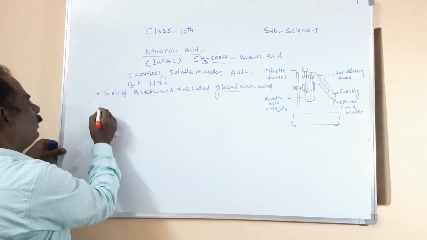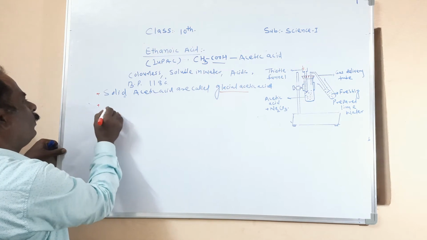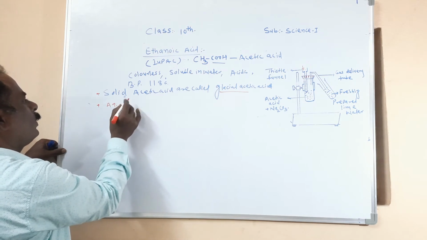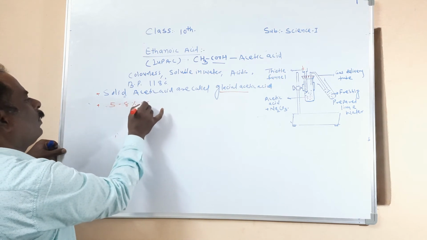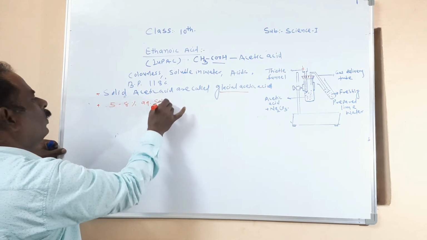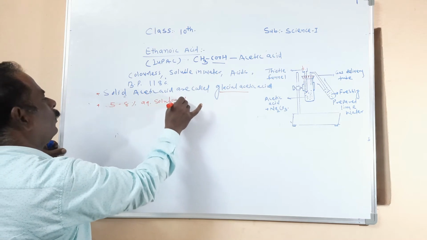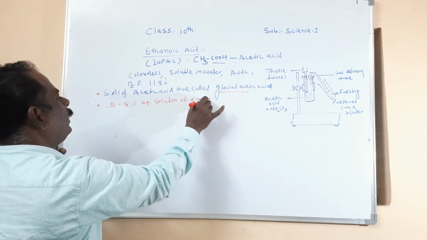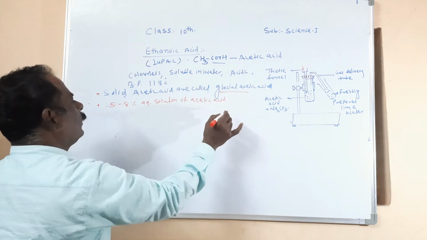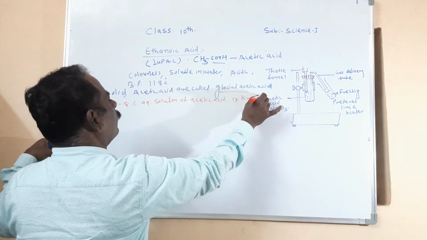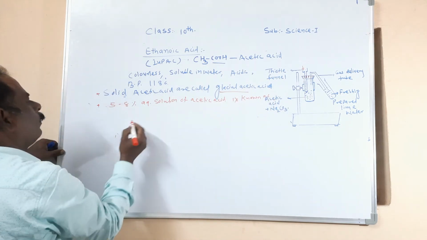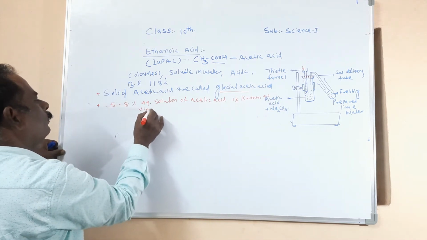Second one, a 5 to 8% aqueous solution of acetic acid is known as vinegar.